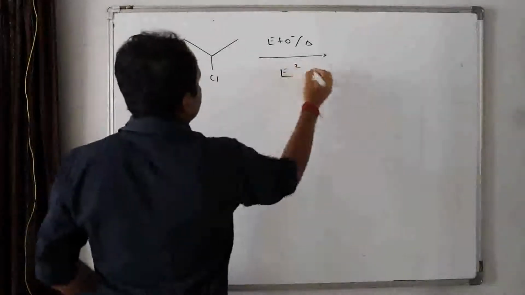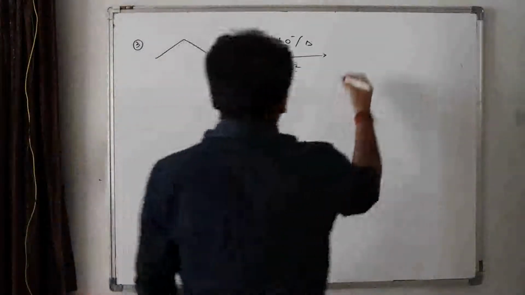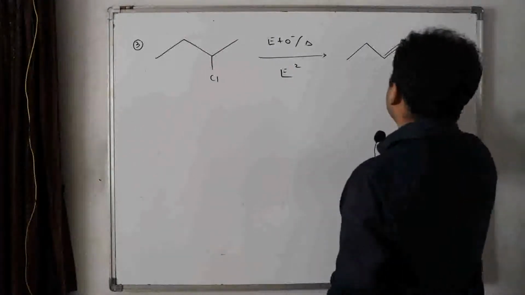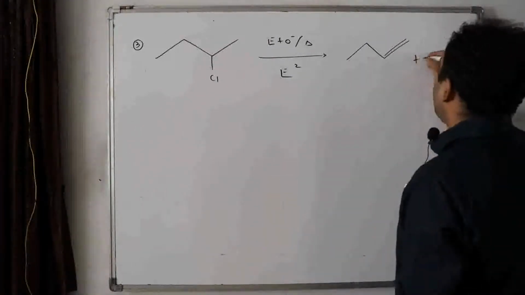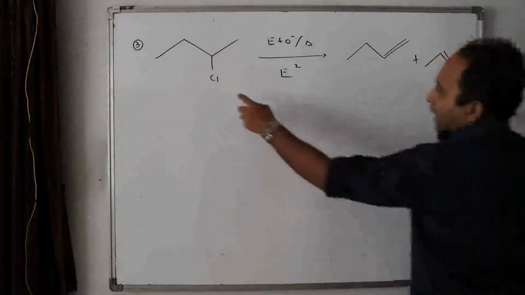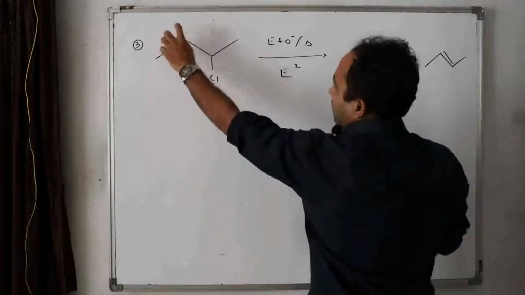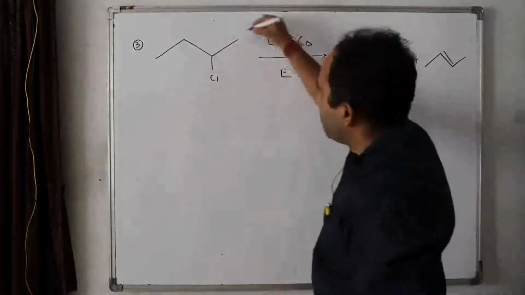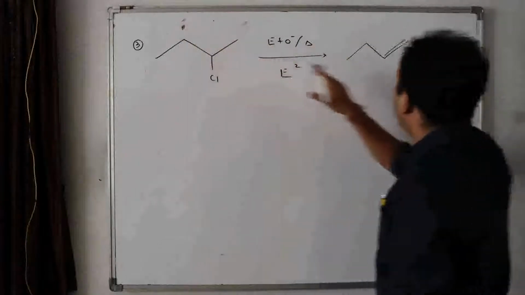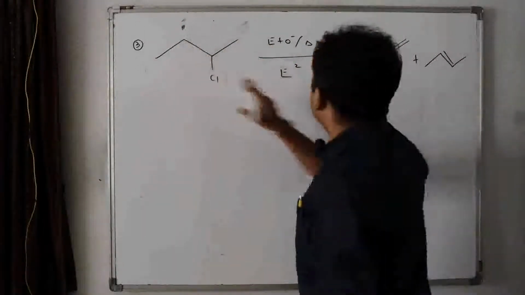Again E2 reaction. What will happen? Removing Cl and removing H in one step. Can I get something like this? Why? Either I can remove this H or I can remove this H. If I remove this H, then this is a product. If I remove this H, then this is a product.